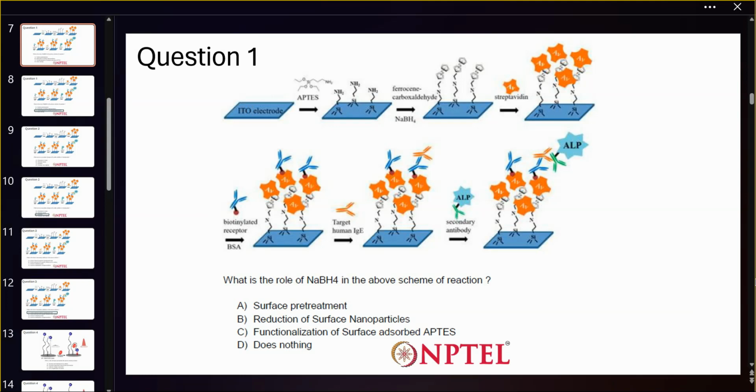Else if the surface is not activated, the coatings will not actually adhere to the surface. So that is why he's activating the surface, then functionalizing the activated surface so that he can deposit what the designer wants to deposit. Then he's depositing streptavidin because his antibody is biotinylated.